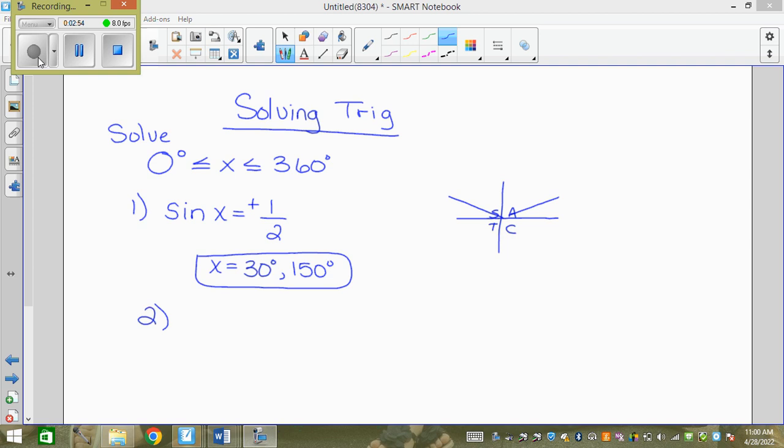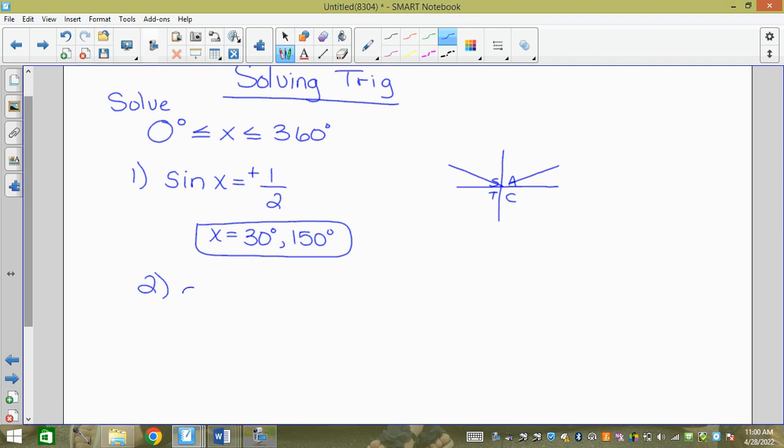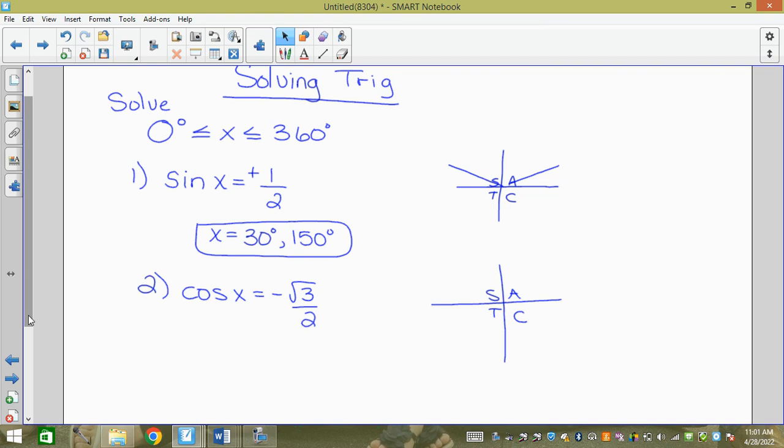Okay, I'm going to give you another one. Cos x equals negative root 3 over 2. What quadrant is cos negative, which is x? 2 and 3, because remember cos is positive at C and all. So it's going to be here and here.